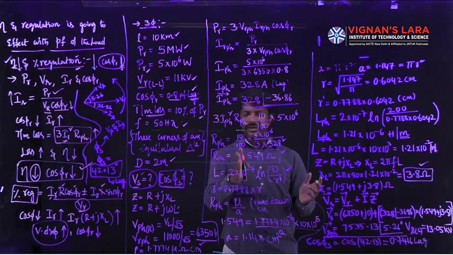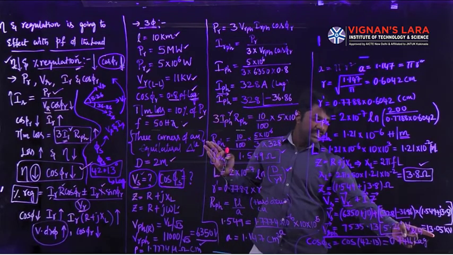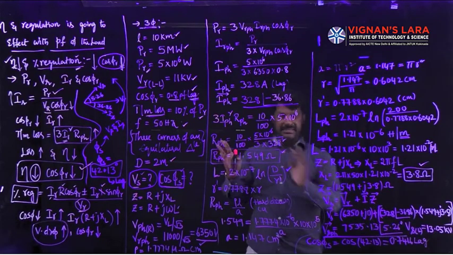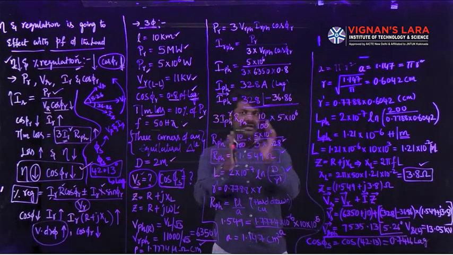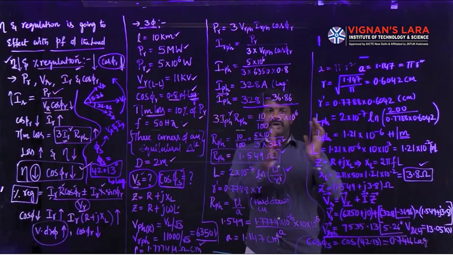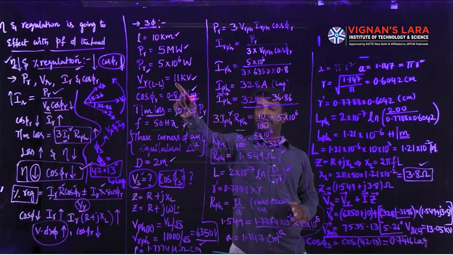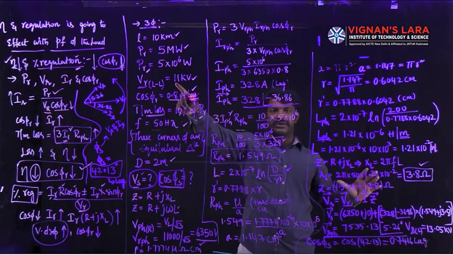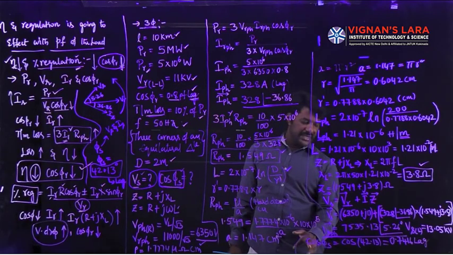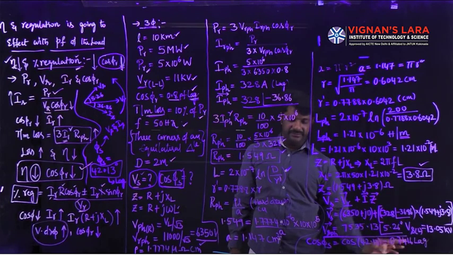Means before transmission, at the sending end side, we are injecting a voltage of 13.05 kV line value. As it is, that 13.05 is not obtained at the household appliances or the load side. Some of the voltage is dropped and the remaining voltage, called 11 kV line value, is available at the load side. Okay, with a power factor at the sending end of 0.7416 lagging.